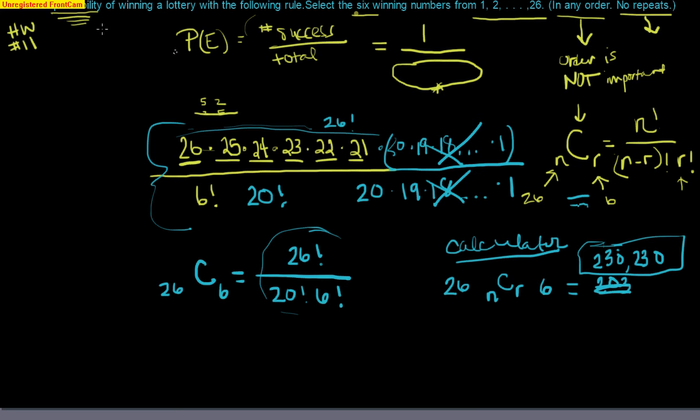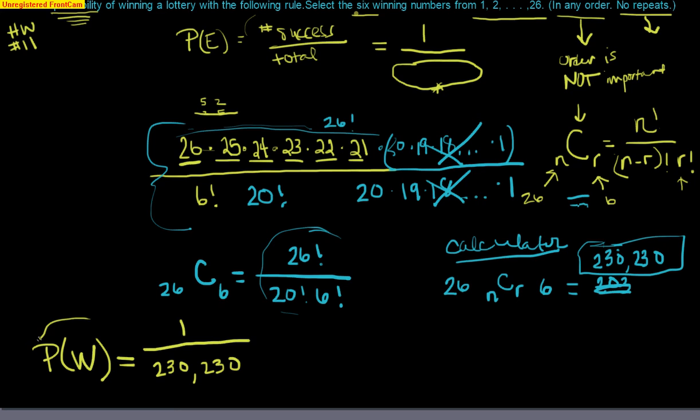So I'm going way back up, back to my yellow pen, and go back to our original problem. The probability of actually winning the lottery in this case is the number of successes. There's only one winning lottery number out of the total possible outcomes, which is 230,230. So that's how a combinations problem works.